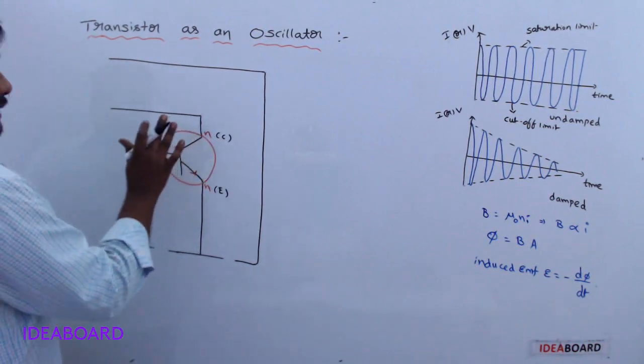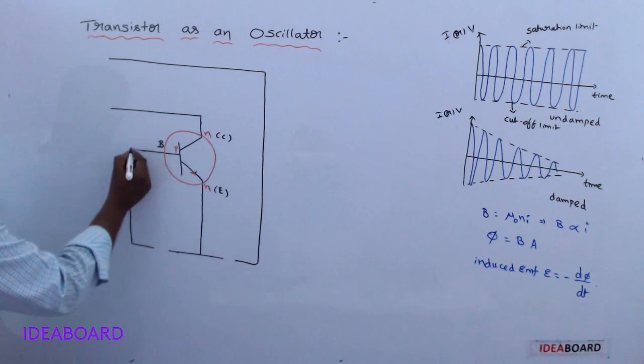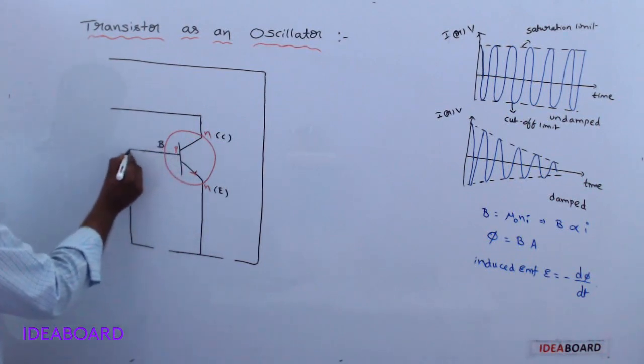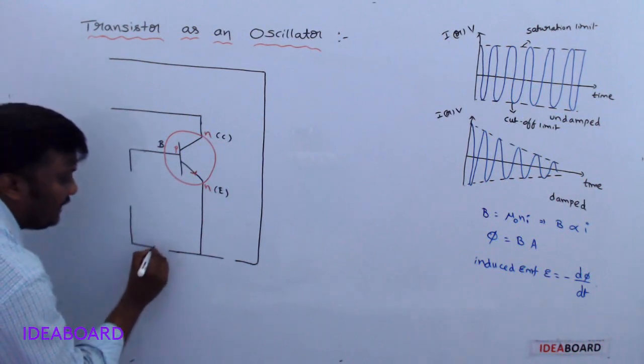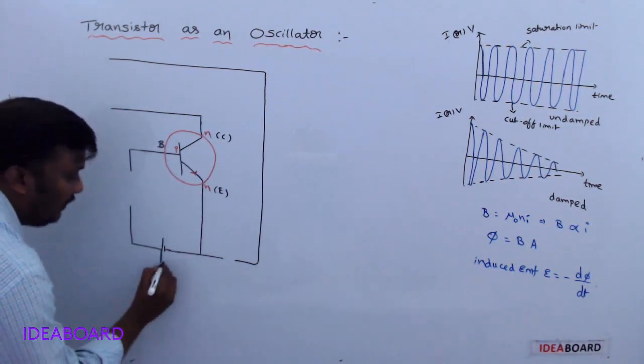For the transistor to be in the active state, the base-emitter junction is always in forward bias. Forward bias means the P side of the transistor is connected to the positive terminal of the battery.